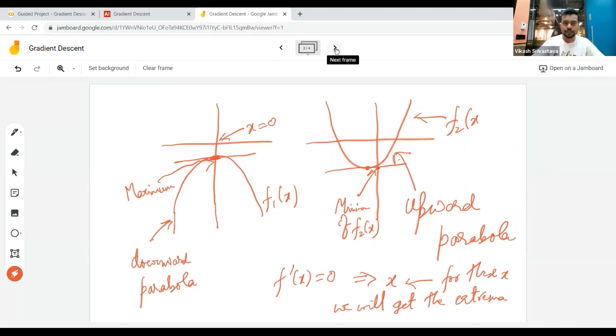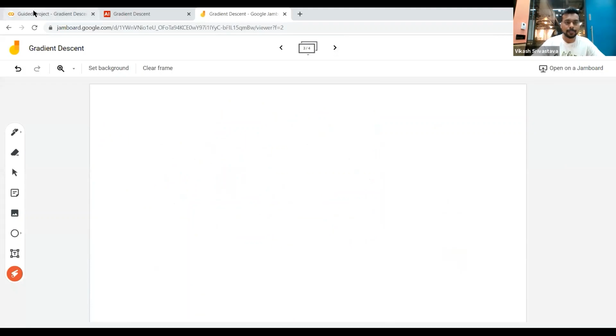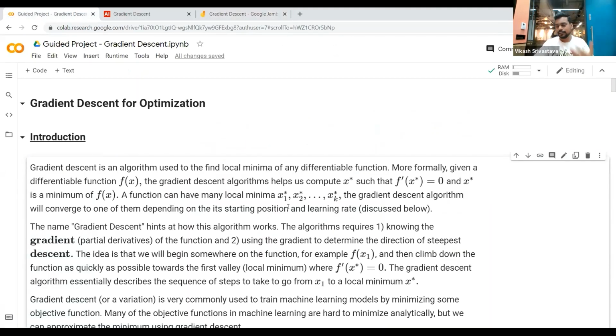This is from the theory of calculus. Whenever we want to get any minimum, we'll basically equate the first derivative to 0, and that x will give us the minimum of the function.